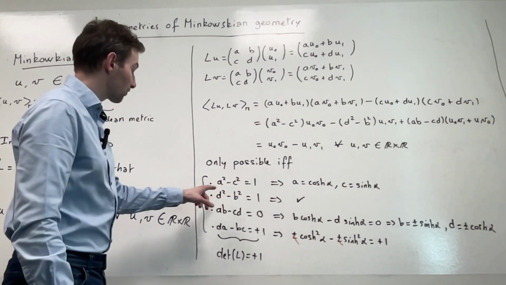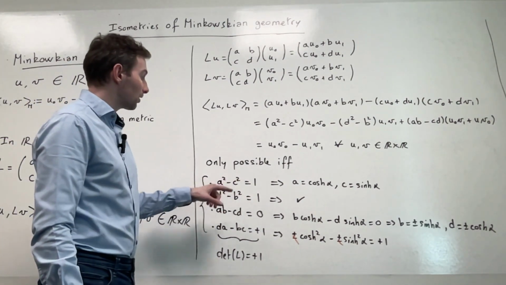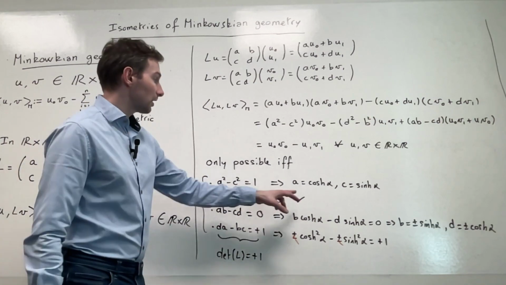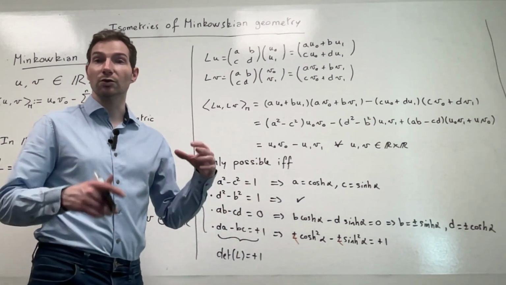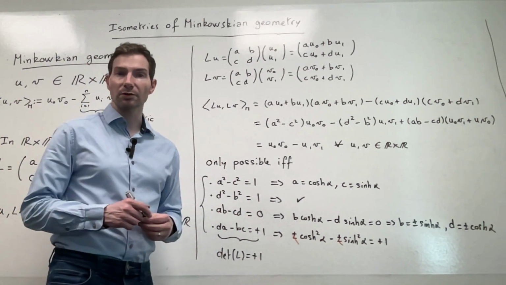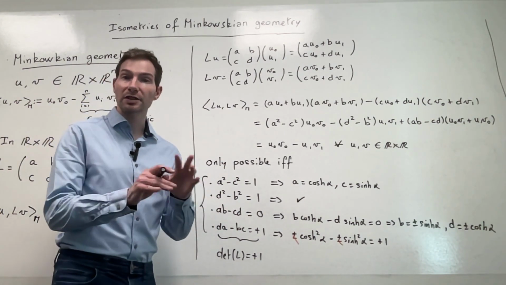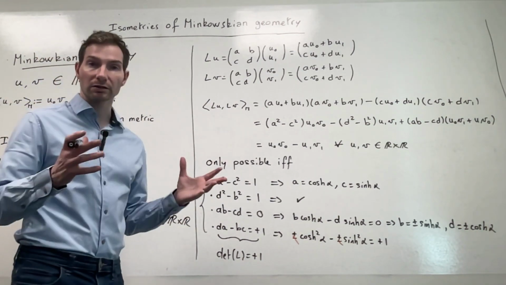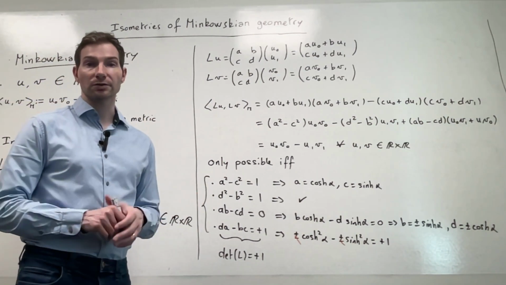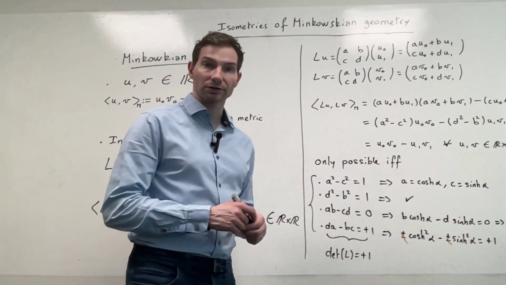If, for example, you don't understand where this identity comes from, the fact that cosh squared minus sinh squared is equal to plus 1, this is something we can have a look at if you want. Please let me know in the comment section. But that's a typical equation from hyperbolic trigonometric functions.